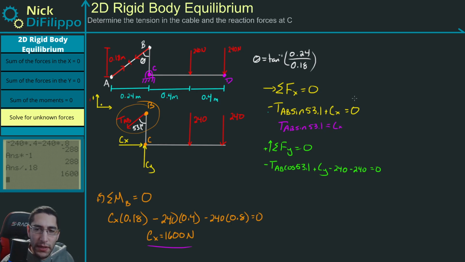So this is going to be equal to, let's erase Cx and put 1,600 newtons. So let's divide this by the sine of 53.1. And we get a tension force, which is equal to 2,000 newtons.